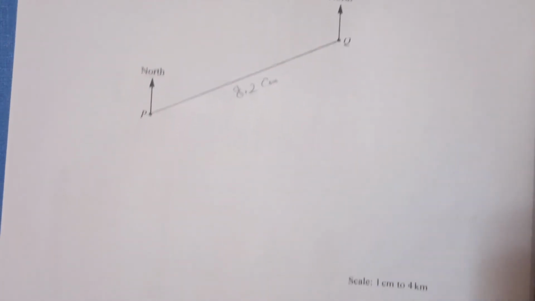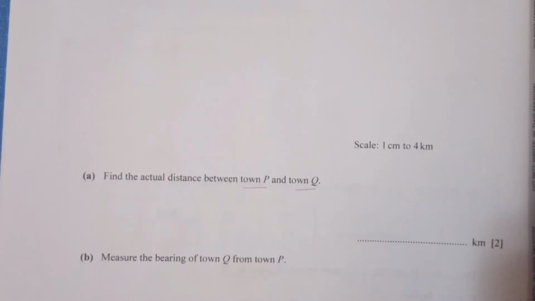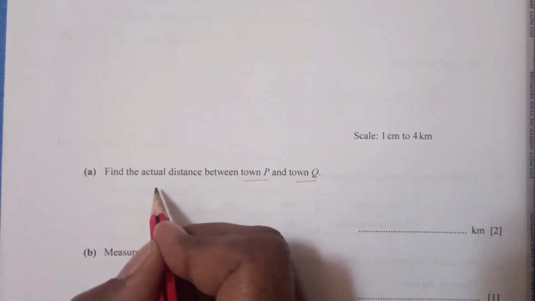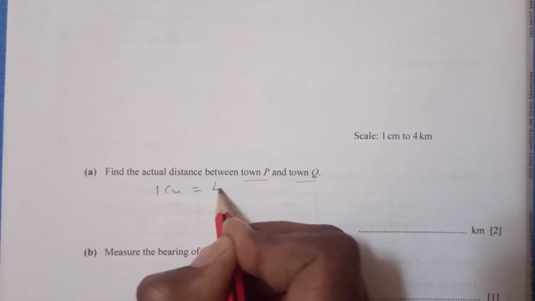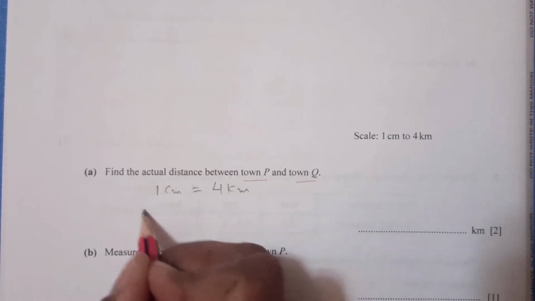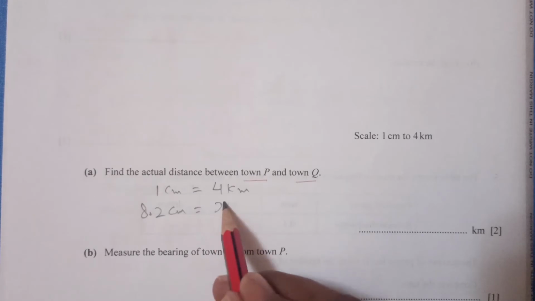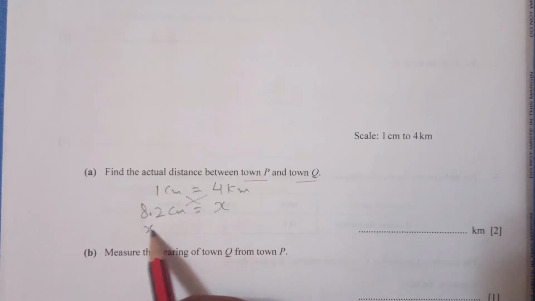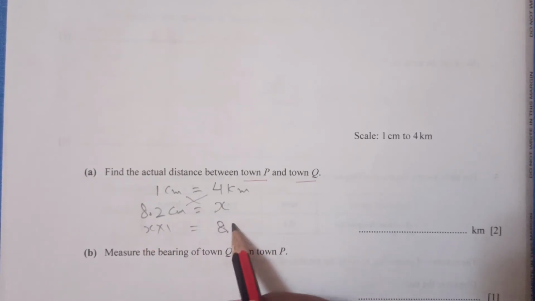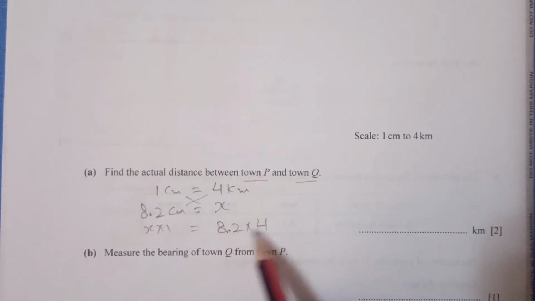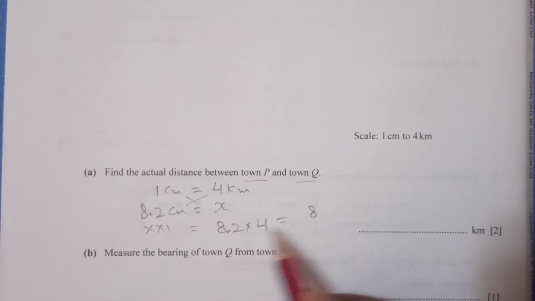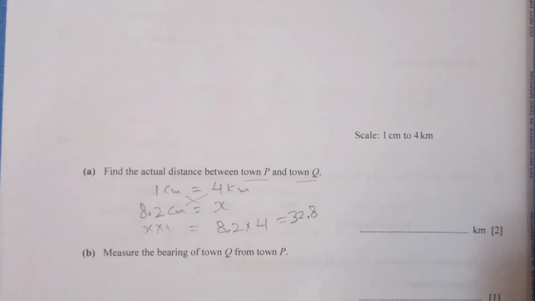So we are going to make this as kilometer. So 1 centimeter is equal to 4 kilometers. So our distance is 8.2 from P to Q. So will be how much? Then cross multiply. So it is x times 8.2 times 4. 8.2 times 4 times 2, it is 8, and this is 32. So answer is 32.8.